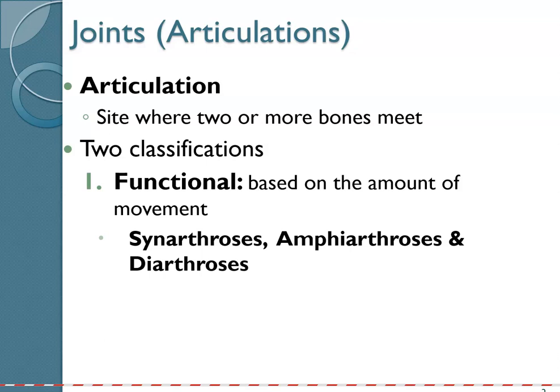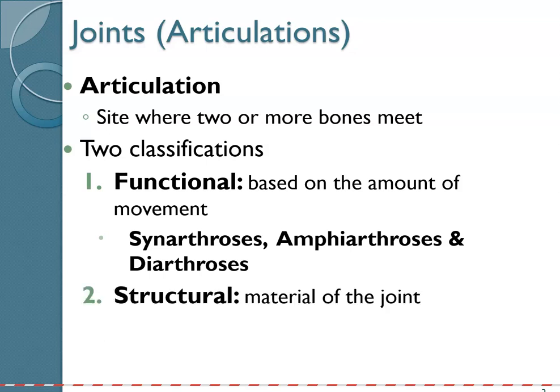Diarthrosis, which are considered to be freely movable, so a few degrees, 20, 30, 40, 50, even up to 180 degree movements, some even more actually. When we have hyperflexion, we'll look at that. They are freely movable joints. Amphi is somewhat in between, just a few degrees of movement.